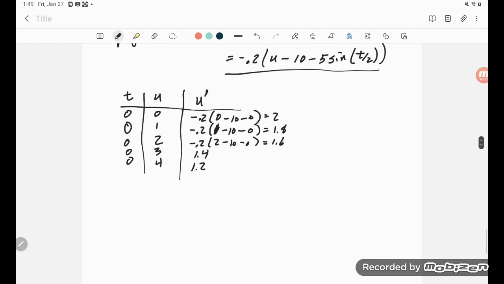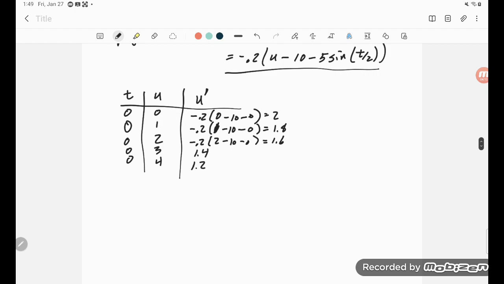Okay. Then, suppose I went with t equal, what could I do very easily? How about t is 60 degrees or pi over 3? So pi over 3 and down, and then a 0, a 1, a 2, a 3, a 4.